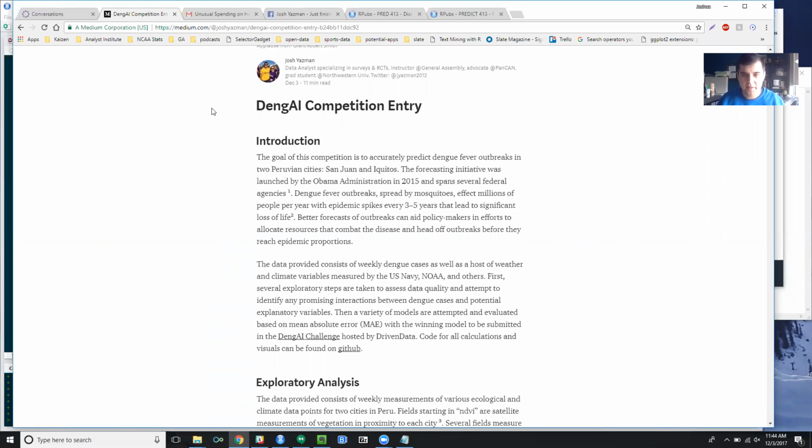The bulk of the data available through the DengAI Challenge website is climate data, which makes sense because dengue fever is spread by mosquitoes, and a great deal of the variation in fever cases could be explained by data points that talk about how easy or hard it is for mosquitoes to live in an area.